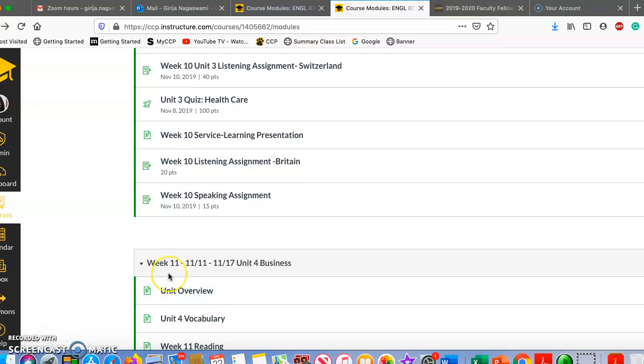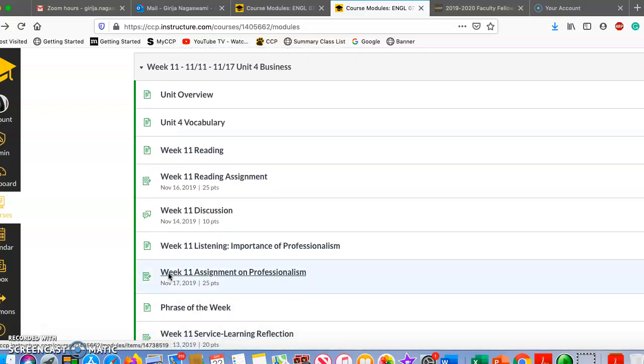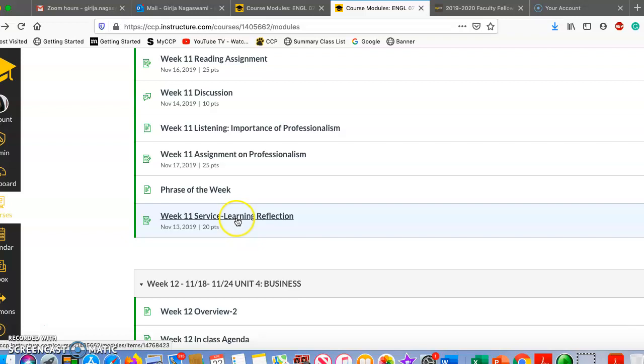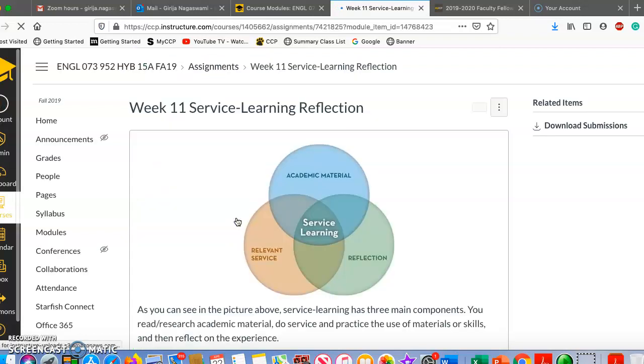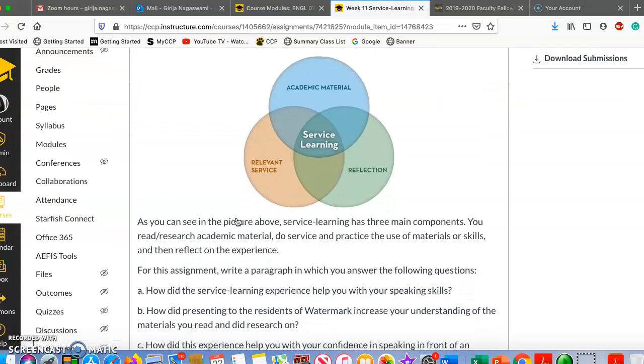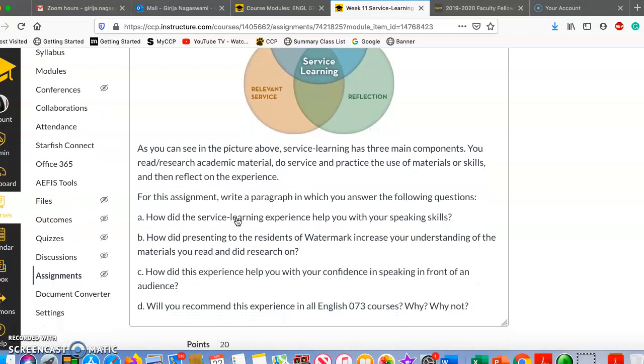In their reflection, they indicated that they really learned a lot, and this is what they had to answer. How did the service learning experience help with your speaking skills? How did presenting to the residents of Watermark increase your understanding of the materials you read and did research on? Because they really had to research for the topic.